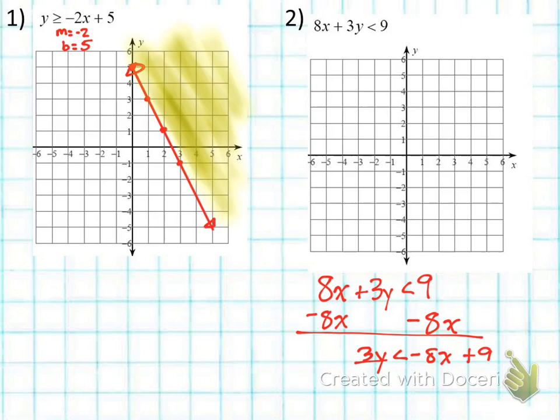Divide by 3 on both sides. I don't have to flip the sign, since you only flip it when you divide or multiply by a negative number. So we get y is less than negative 8/3 x plus 3. Now we have it in slope-intercept form.